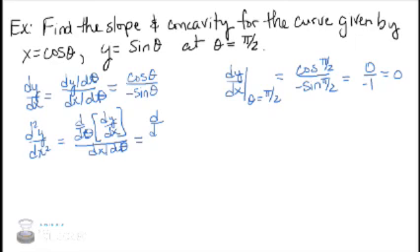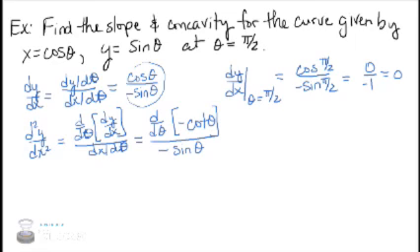Okay, so we're going to take the derivative with respect to theta of this function that we found here, which, by the way, could have been written as negative cotangent theta, over dx/d theta, which we found already was negative sine theta.